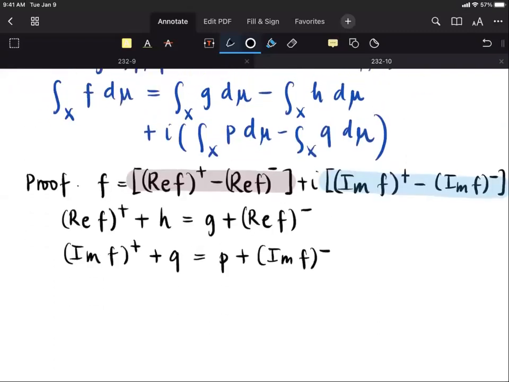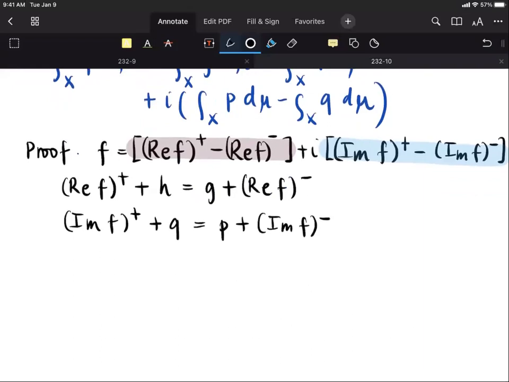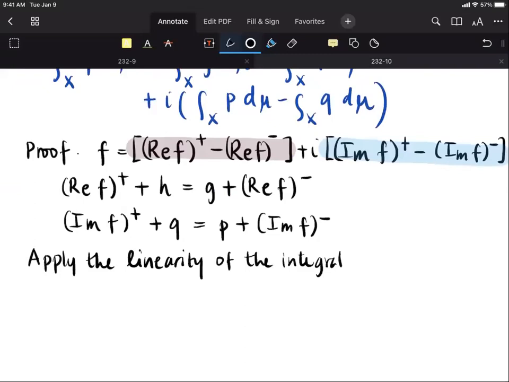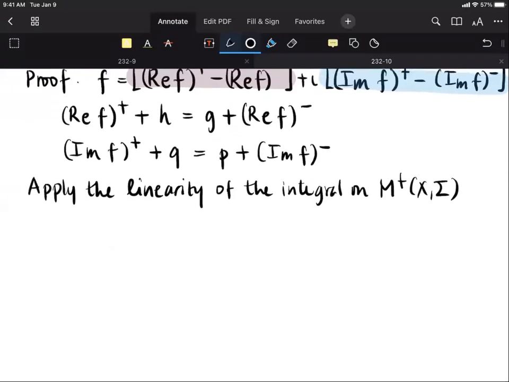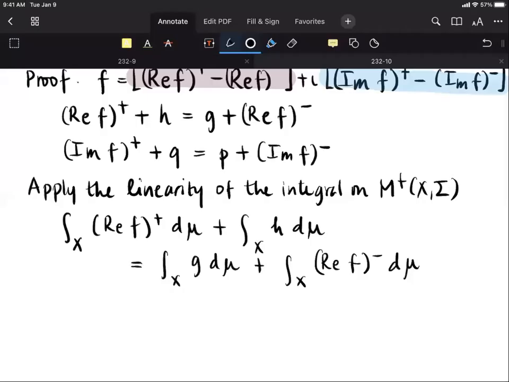Okay, so with this, we now apply the linearity of the Lebesgue integral for non-negative measurable functions. So you will get the following equations.